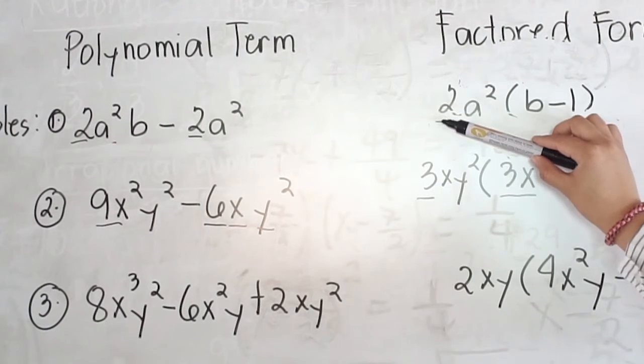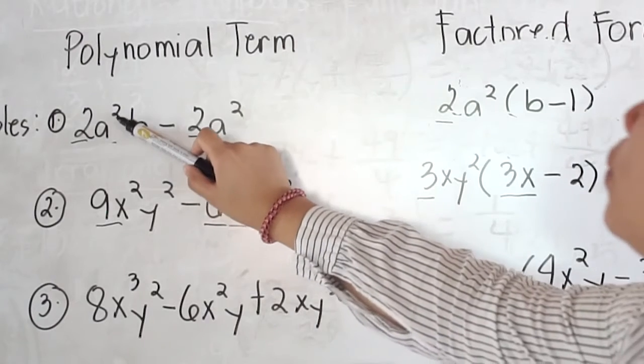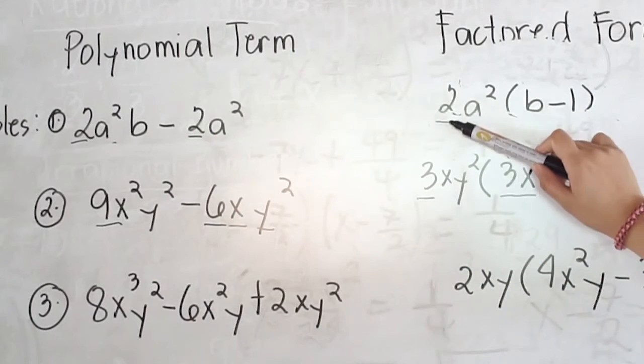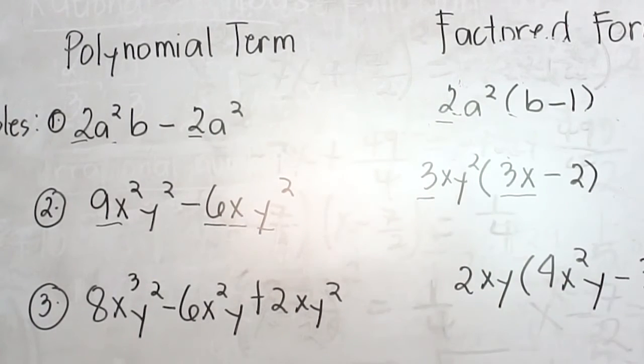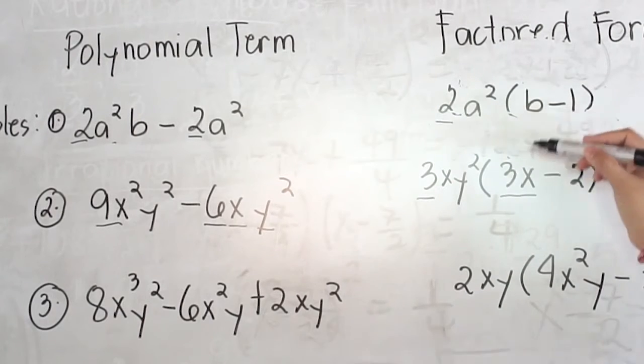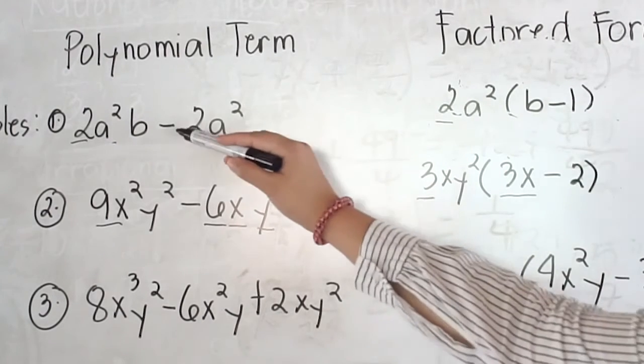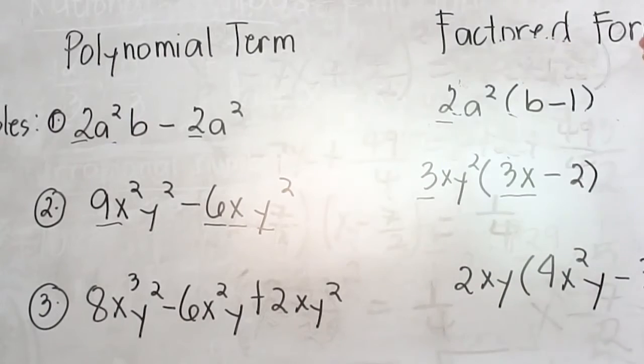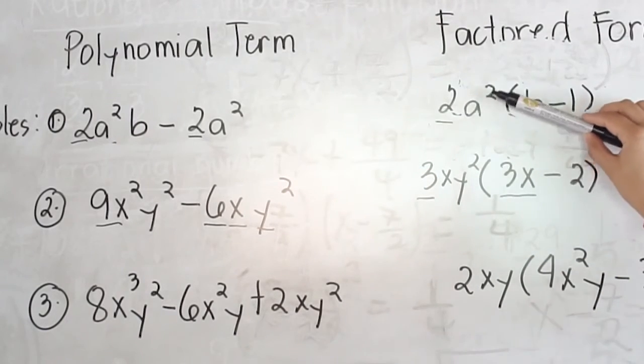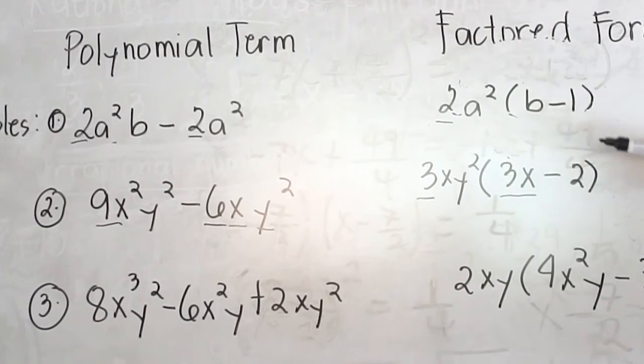2a squared b divided by 2a squared is b. And then next, minus 2a squared divided by 2a squared is 1. So we now have our factored form.